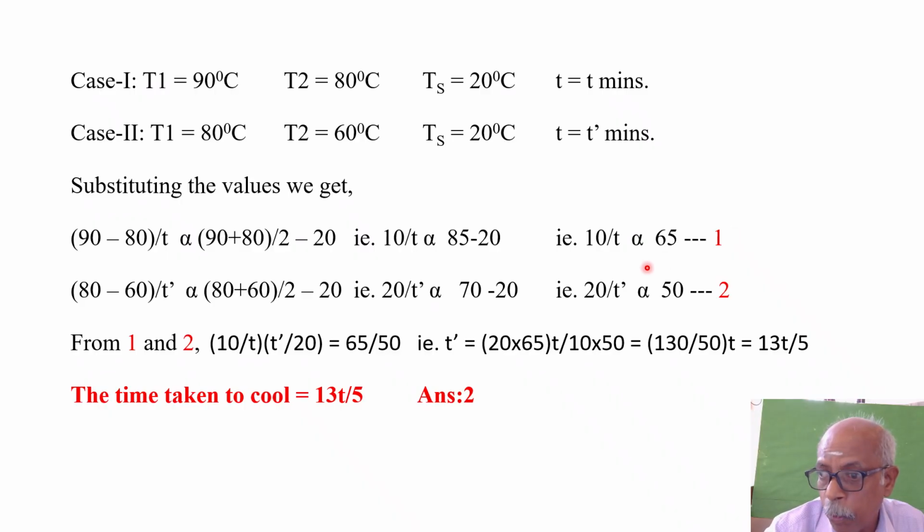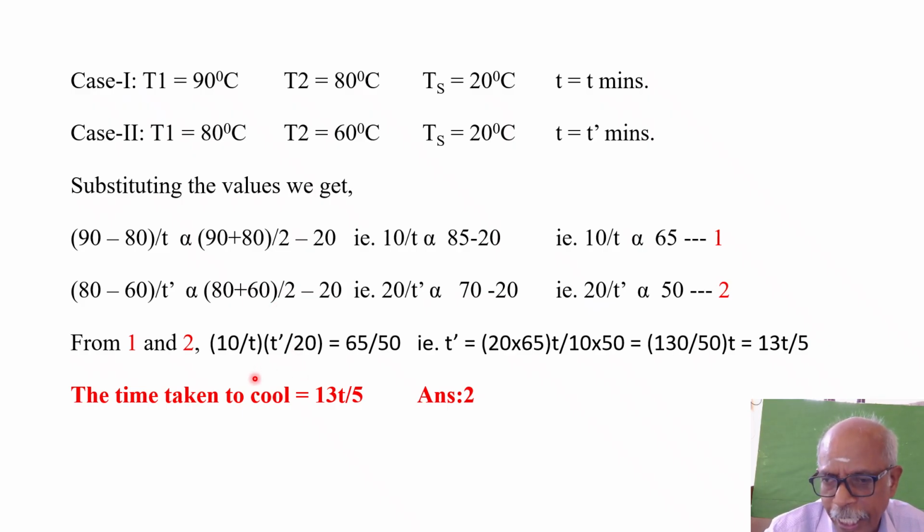Now they are proportional. But if you find the ratio, you can form an equation. Is it not? So from 1 and 2, 10 by t divided by 20 by T dash. Divided by, you will inverse it. So T dash by 20. 20 by T dash means into T dash by 20, is it not?